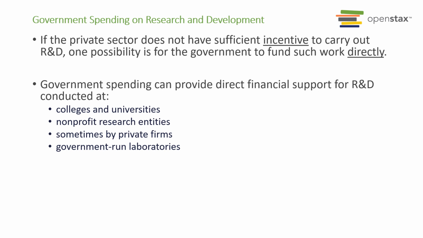So colleges and universities are a big source of innovation in the U.S. economy. Then there are non-profit research charities, sometimes we also pay companies directly, meaning private firms, and we also have government-run laboratories. So these four approaches are how our government can be directly involved with research and development in the economy.